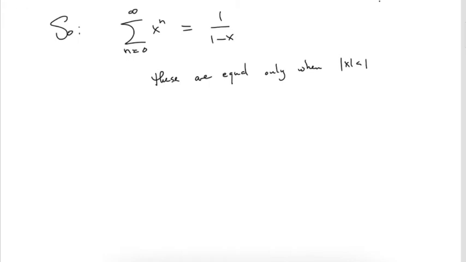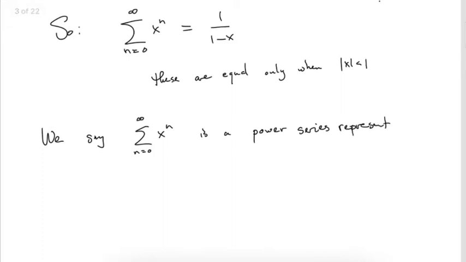In this example, we call this the sum of x to the n, where n starts at 0. We say that this is a power series representation of 1 over 1 minus x. 1 over 1 minus x is an ordinary function, but you can write it instead as a power series.